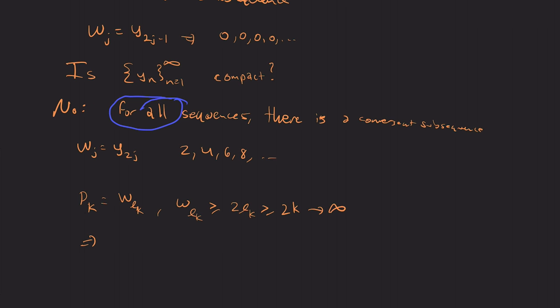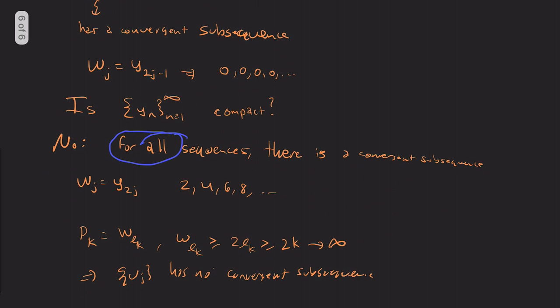So in particular, the sequence w_j has no convergent subsequence. And so that would tell us that the set A is not compact. So when you use this definition, remember that it has to work for an arbitrary sequence, not just one.